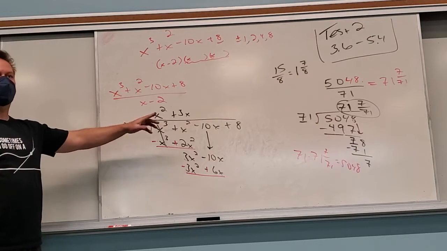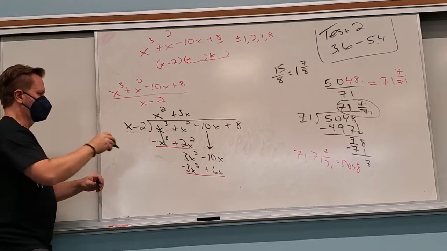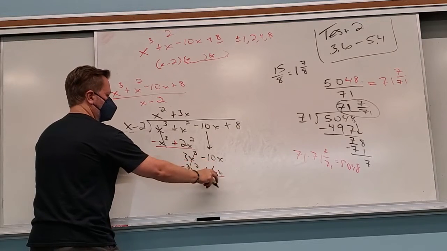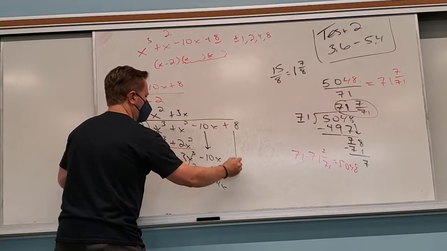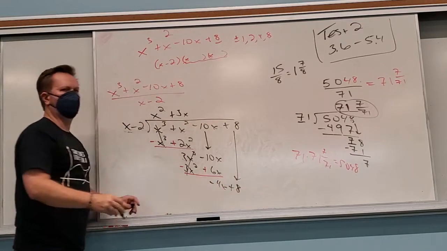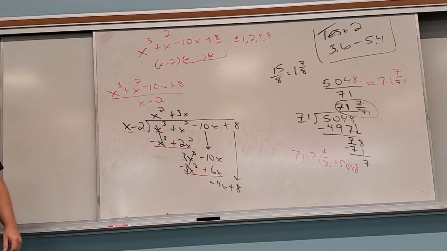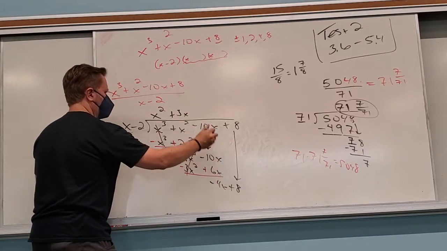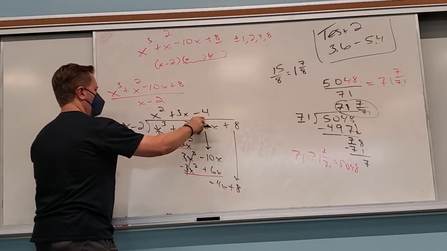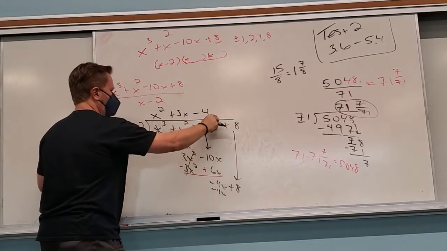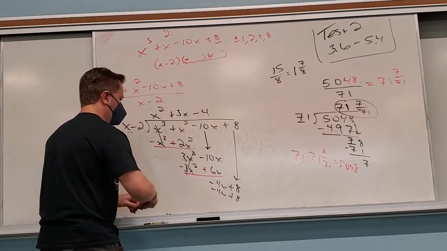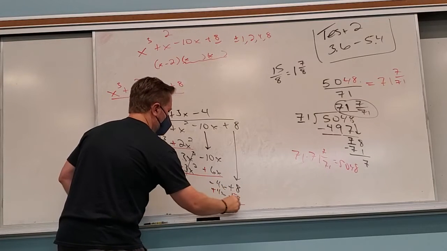Because all these are numbers. They have to act the same way. These cancel like they always need to. Negative 10 plus 6 is negative 4, bring down the 8. Oh my God, Jeff, I love this. X times what is negative 4x? Negative 4. Negative 4 times x is negative 4x. Negative 4 times negative 2 is 8. Change the signs. 0. Okay.